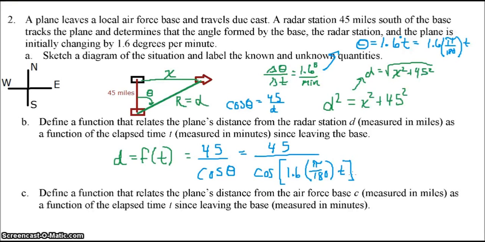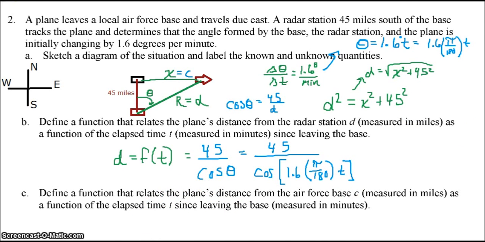Let me start this problem to make sure that we work on it in class. To find a function that relates the plane's distance from the Air Force Base, measured in miles, so now they're calling this x that I've made C, as a function of the elapsed time t since leaving the base.